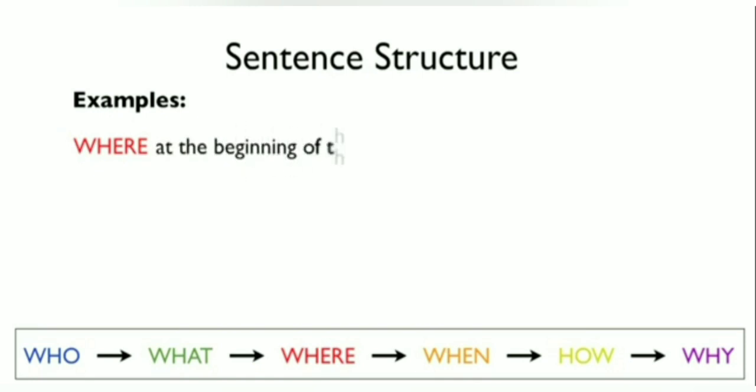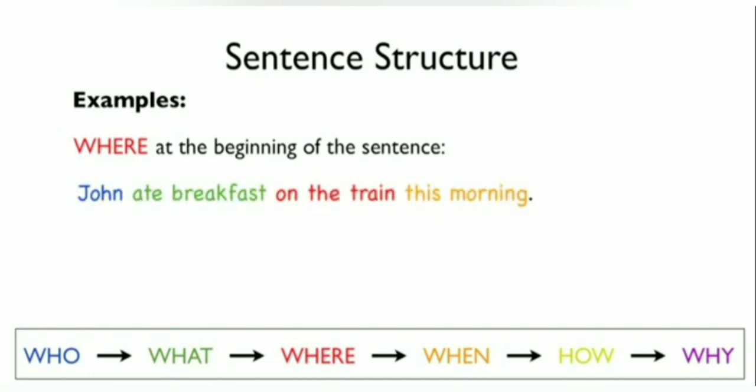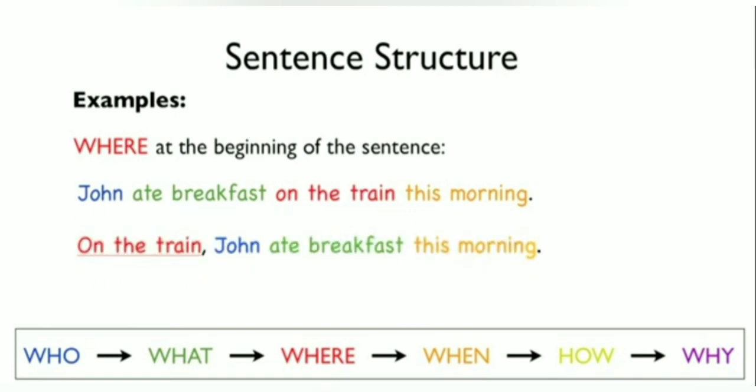Examples: where at the beginning of a sentence. John ate breakfast on the train this morning. On the train, John ate breakfast this morning.